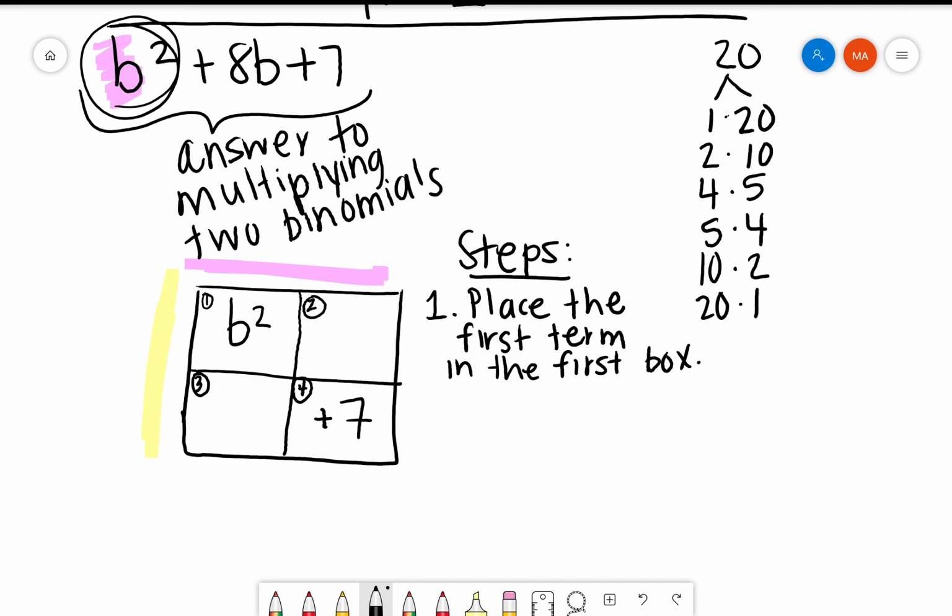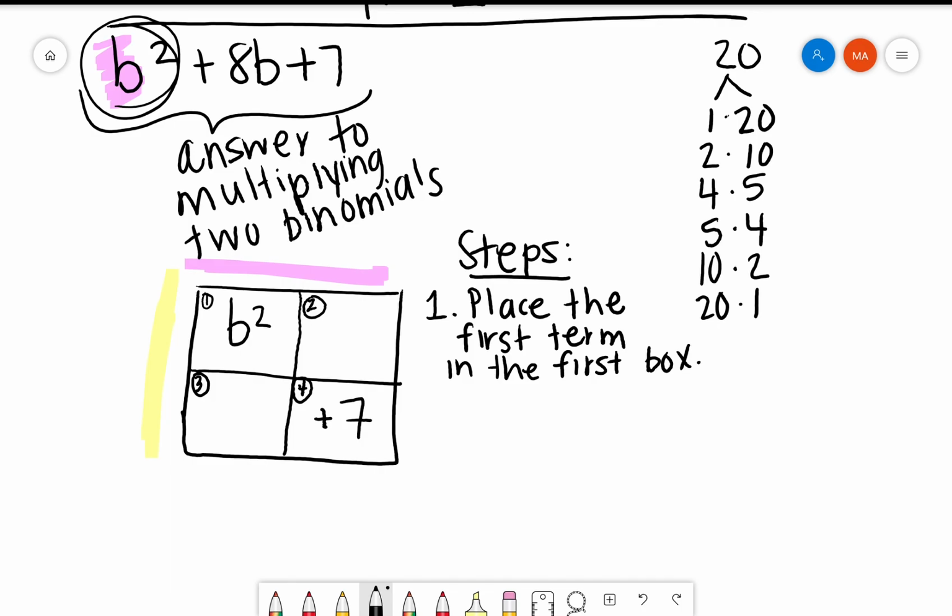Okay. Now before you move on, and I forget to tell you this because I'm always all over the place the majority of the time, you want to rewrite your trinomial. In this case, you're working with a trinomial. If you're working with any other expression, you want to be able to do the same thing. But if you're working with a trinomial, you want to make sure you start with the highest exponent on your variable, then you move on, then you move on.